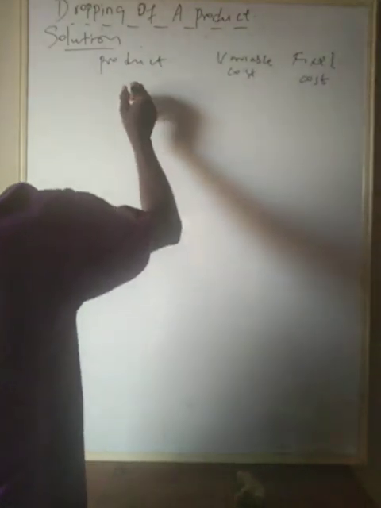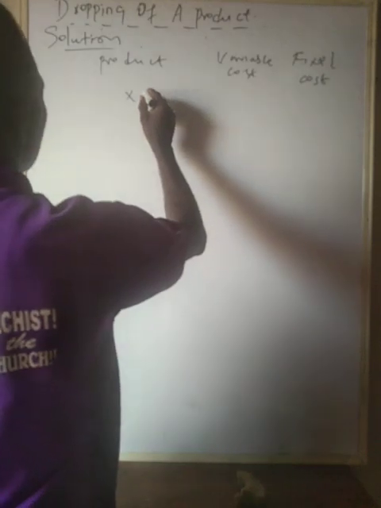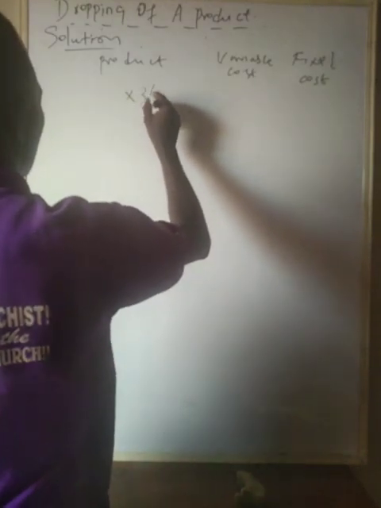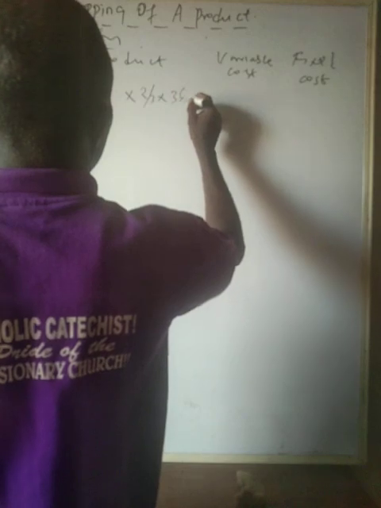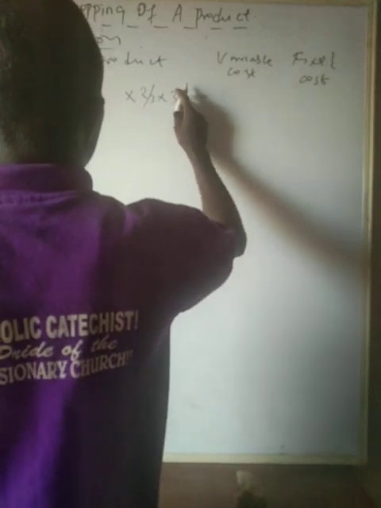The product X, 2/3 multiplied by 36,000.